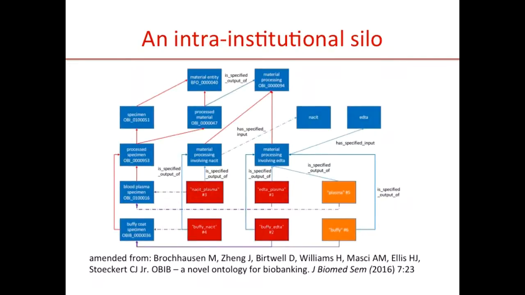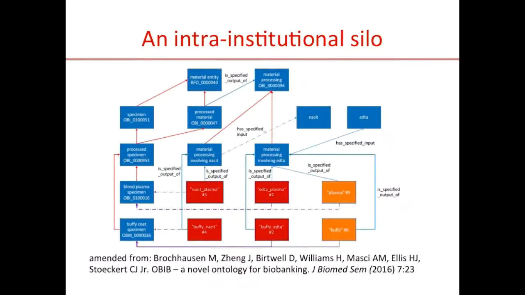They do the nested processing, and you can look up what that means on the internet. I honestly forgot. And they do the EDTA processing. So in their database, they have nested plasma specimens which have gone through the nested process, and they have Buffy nested, which is Buffy specimens which have gone through the nested process.